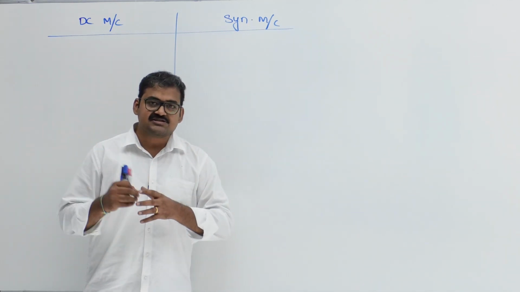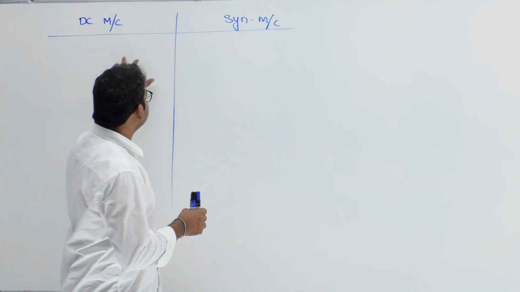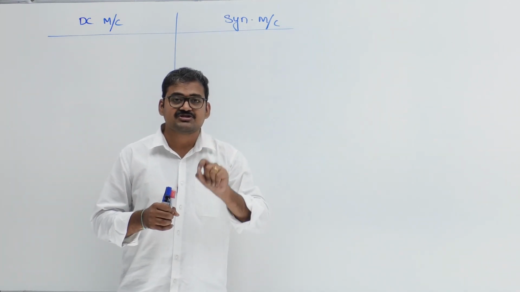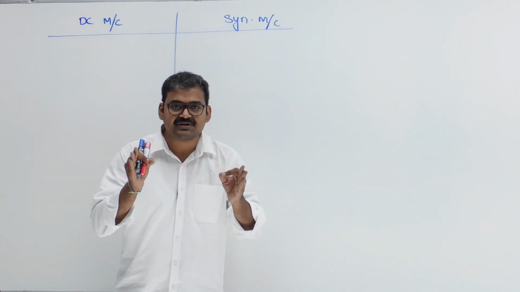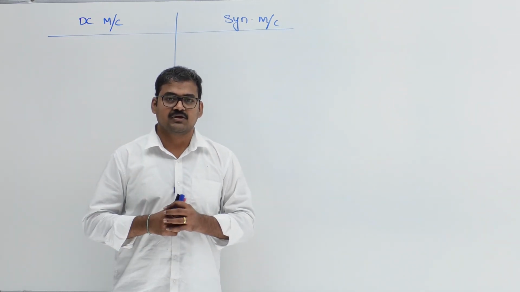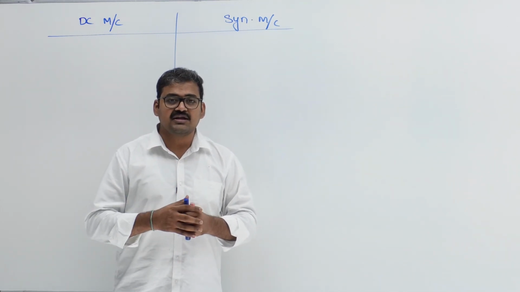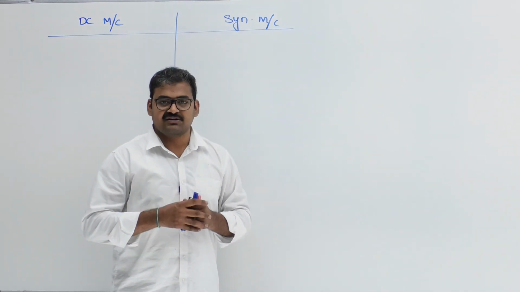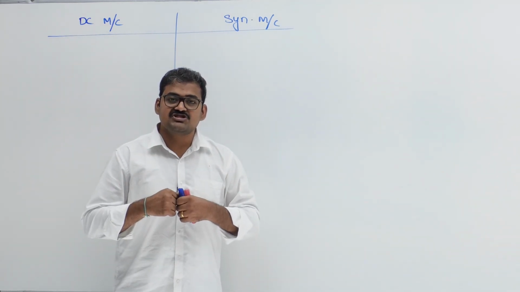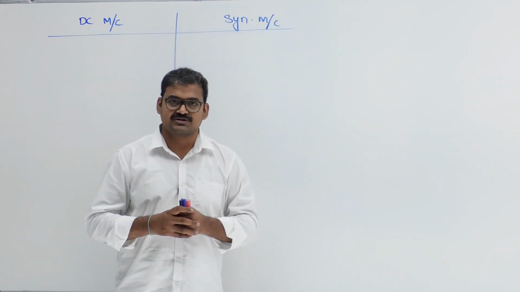In the previous class itself, I discussed the basic difference between a DC machine and a synchronous machine. DC machine and synchronous machine operate based on the same principle, that is Faraday's law of electromagnetic induction. According to that, whenever a conductor is rotating in a time invariant magnetic field, it will experience changes in flux linkages so that an EMF will be induced across it.